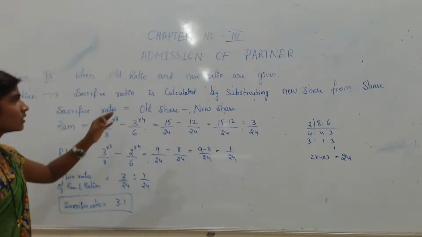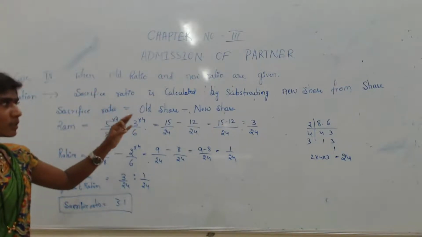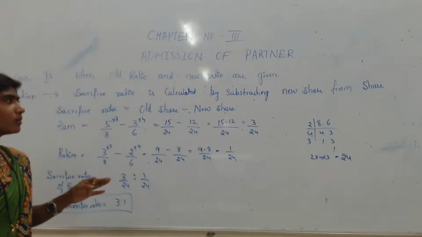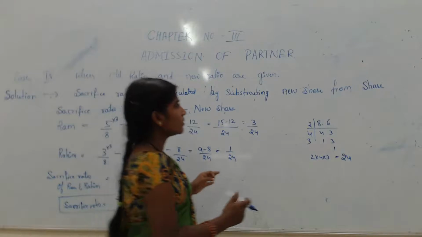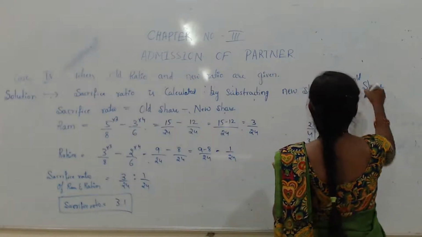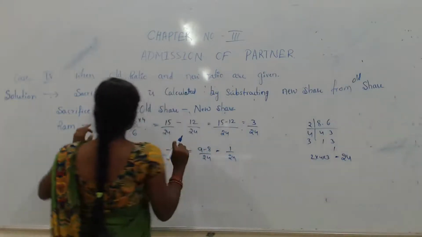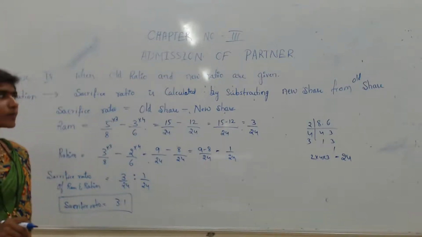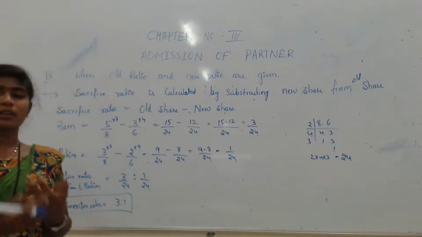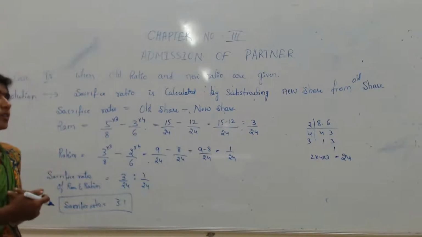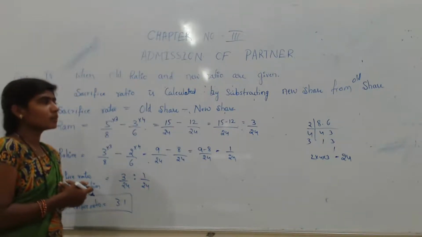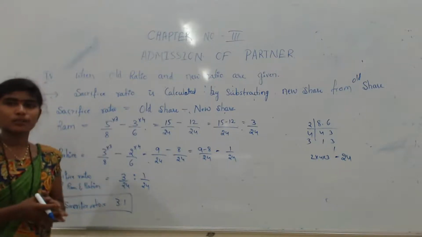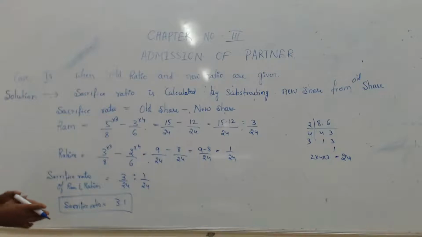Then just subtract the new share from the old share, and you will get the sacrifice ratio. Is it clear?